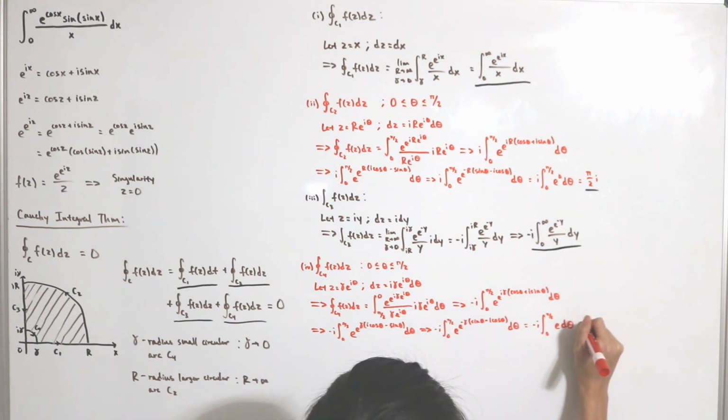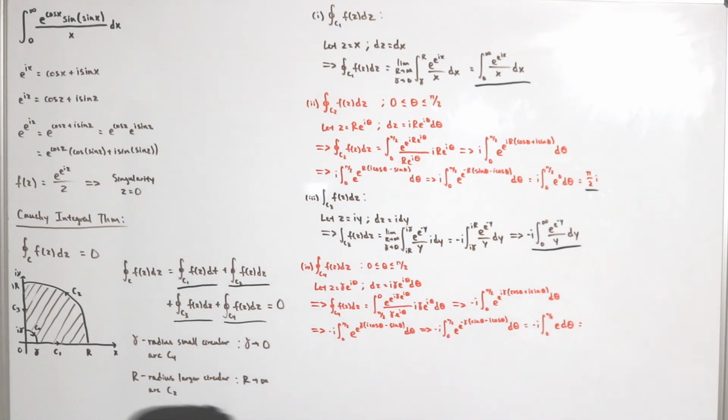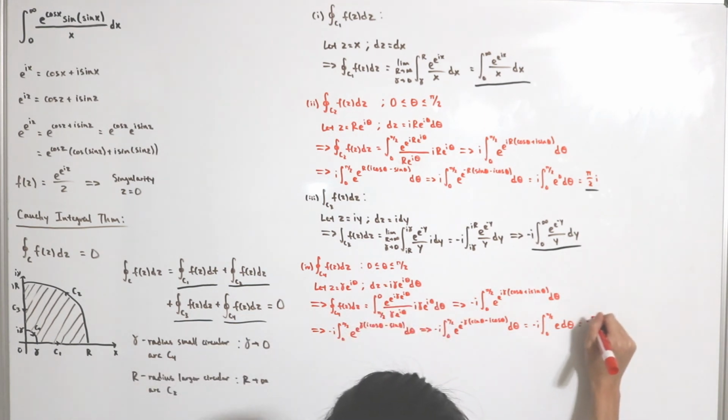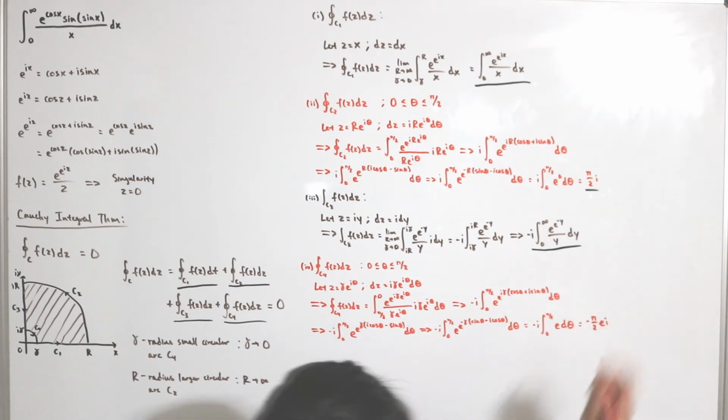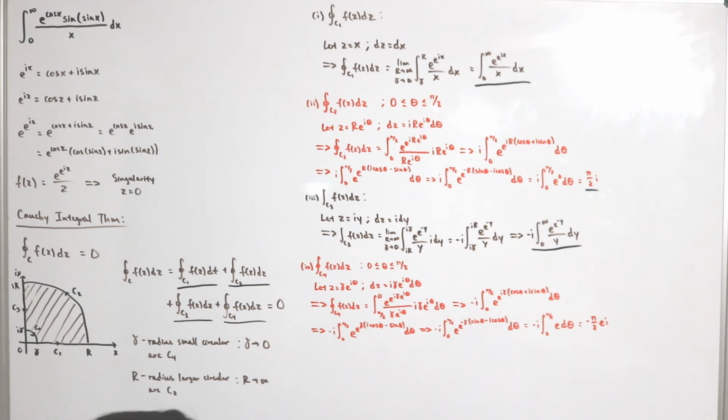Okay, and then that means e is just a constant, so we're going to integrate this as just e theta, or negative i times e theta, then evaluate bounds from 0 to pi over 2, and then we're going to get that it's just equal to negative pi over 2 times e times i.